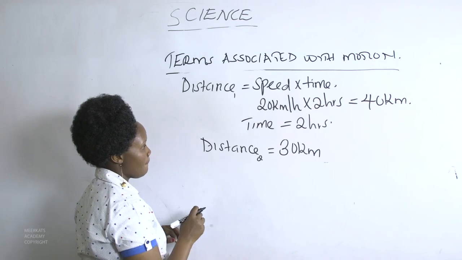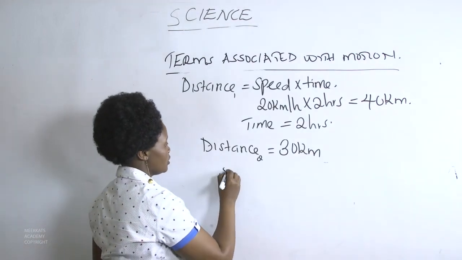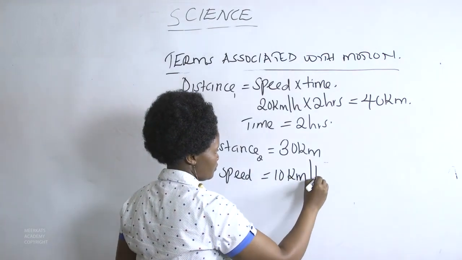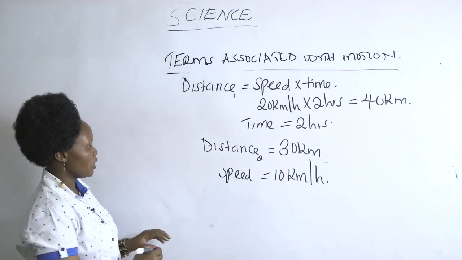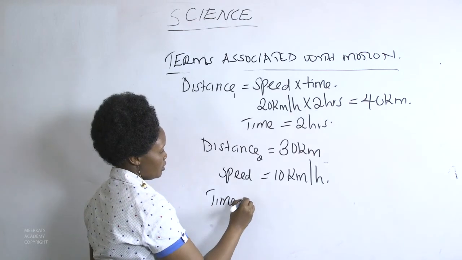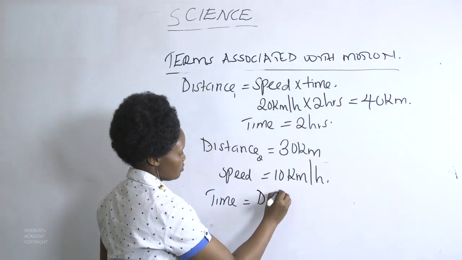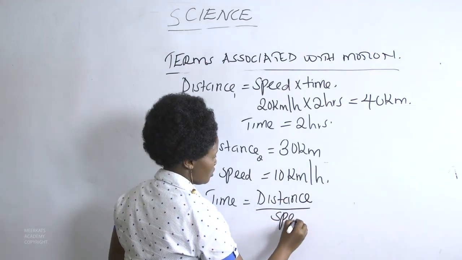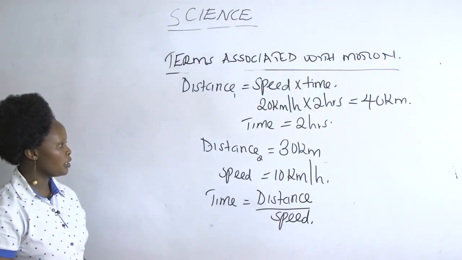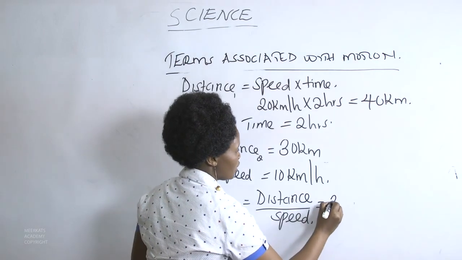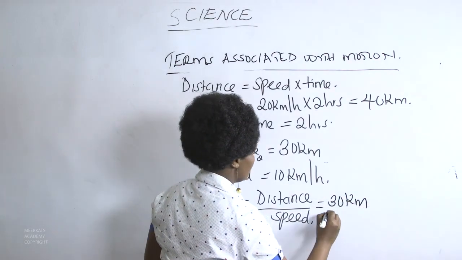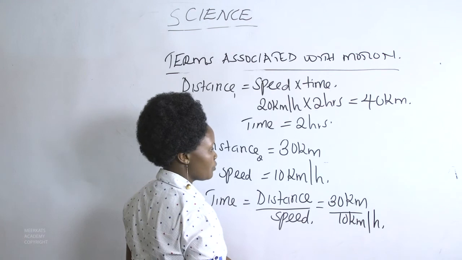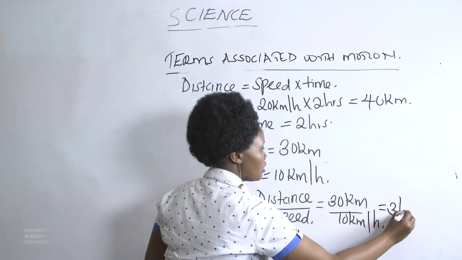Now, speed was 10 kilometers per hour. Therefore, time is going to be given by distance over speed, which is 30 kilometers divided by 10 kilometers per hour, which will give us 3 hours.